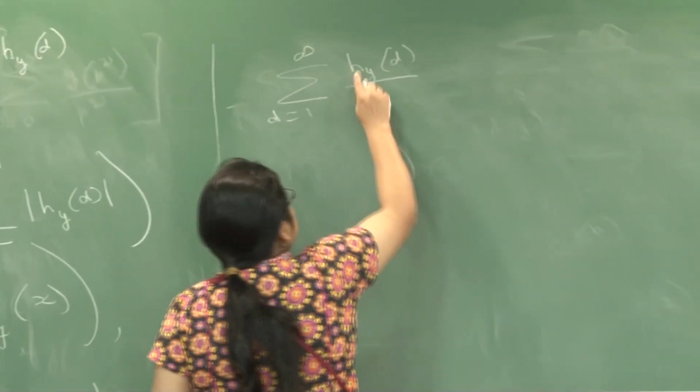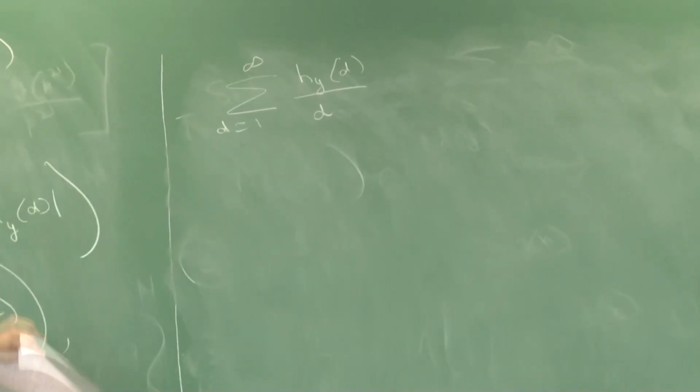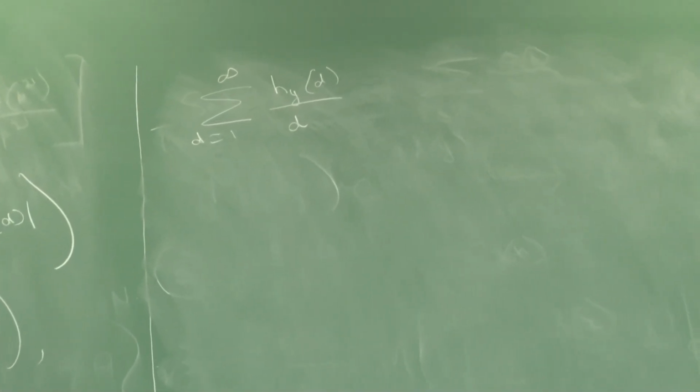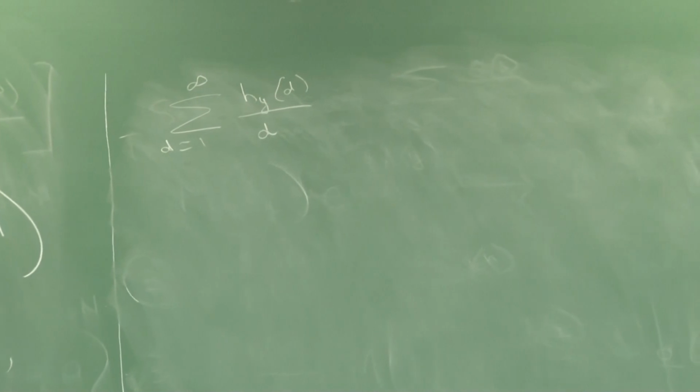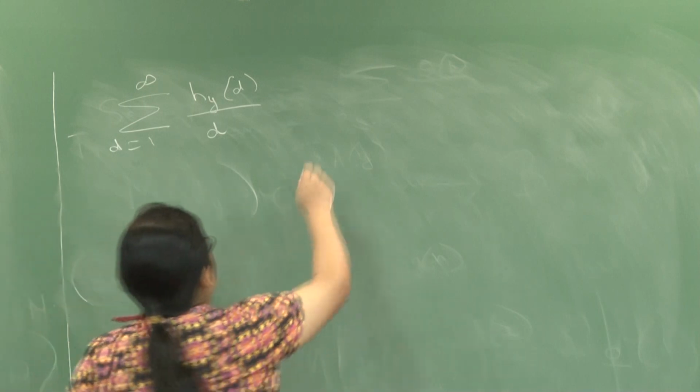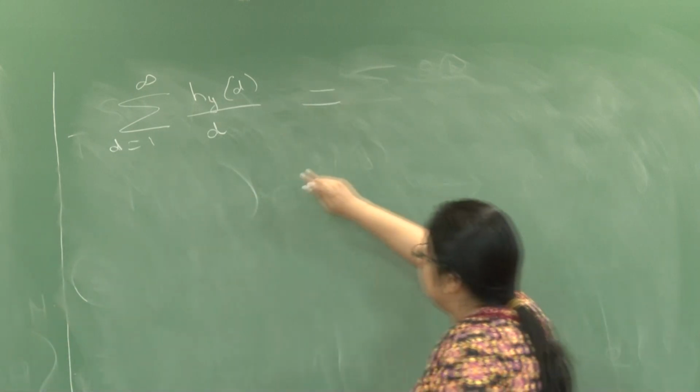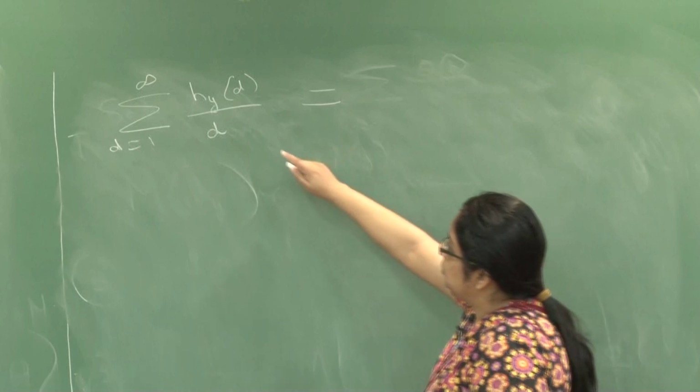Now, this is a multiplicative function. H sub y of d over d is a multiplicative function. So, we can write this in terms of an Euler product provided suitable convergence conditions hold. Now, imagine that we do not have to worry about convergence conditions. What happens?